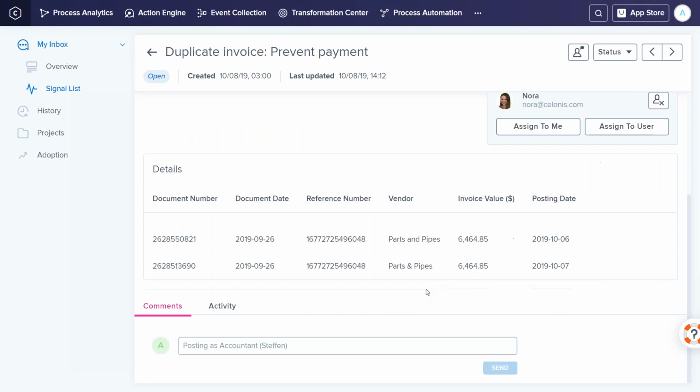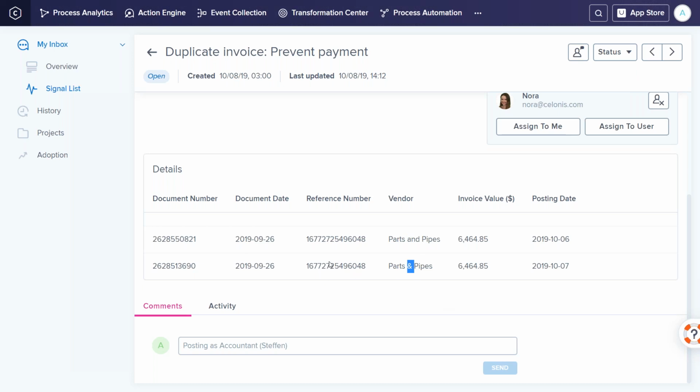If I look below at the details, one of the possible root causes could be that I have 2 invoices with the same document date, the same reference number, however, a very small deviation in the vendor that is printed on the invoice or scanned by my system. So instead of the special sign, it might read "and" on one invoice and an ampersand on the other invoice.